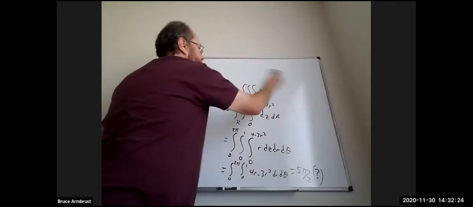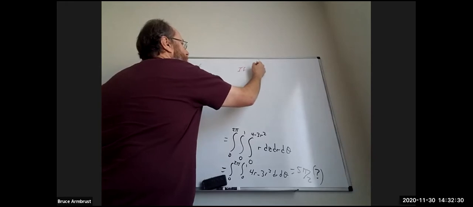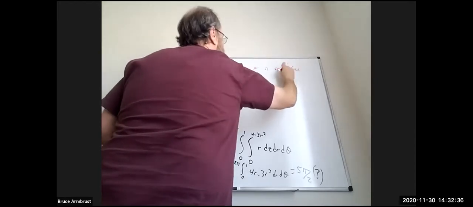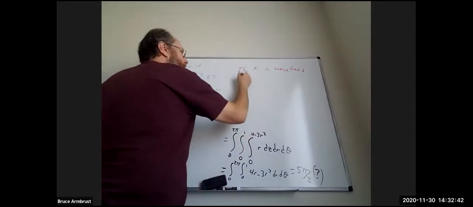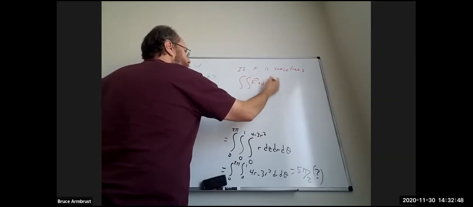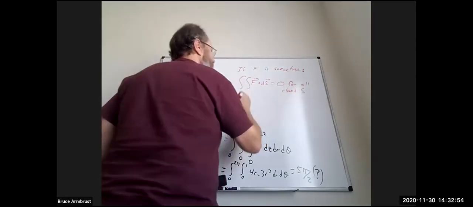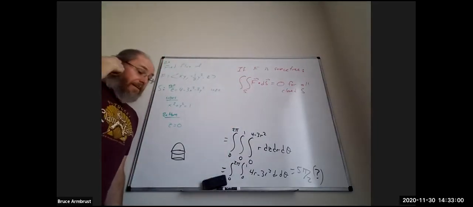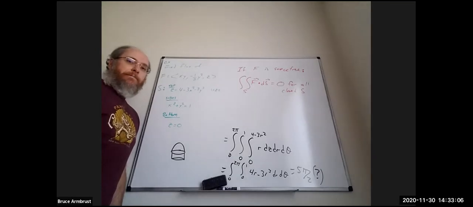For a source-free field, so let's see, if F is source-free, what that tells us is that the flux over any closed surface is equal to 0.